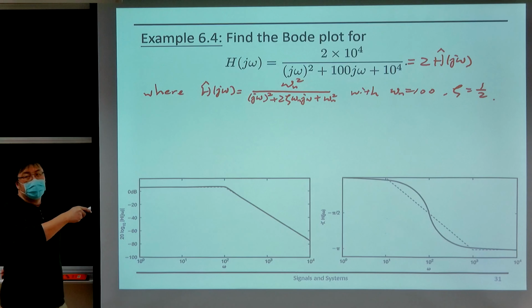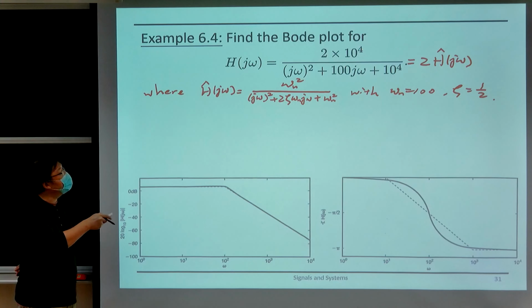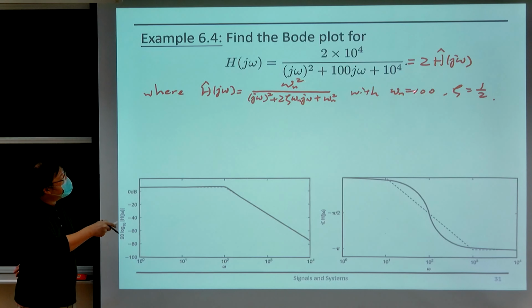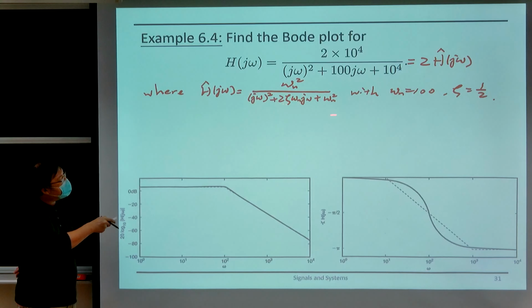So you can check if this is true, right? If you bring 2 outside, what you have remaining here is 10 to the power 4, which is the square of 100. And here I have j omega square. I have j omega times 2 times zeta, and 2 times 1/2 is 1. Omega n is 100, so this is 100 j omega.